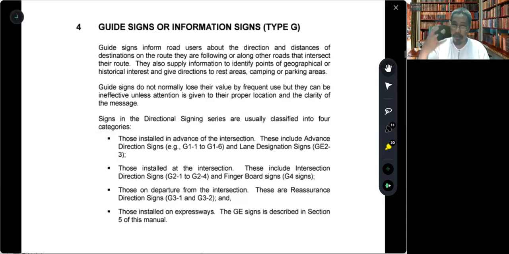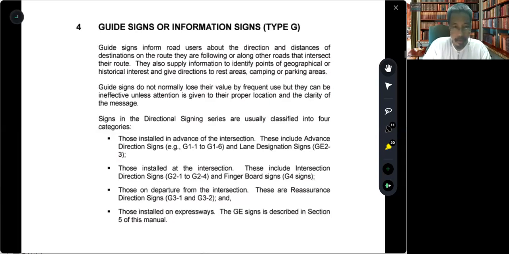So before the intersection, at the intersection, and from the intersection. These are reassurance direction signs. We are assuring the road users that they are going the right way or not going correctly. So those belong to G3-1 and G3-2.